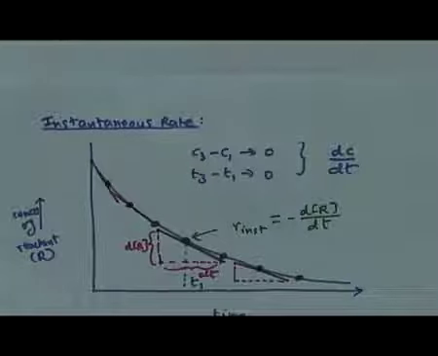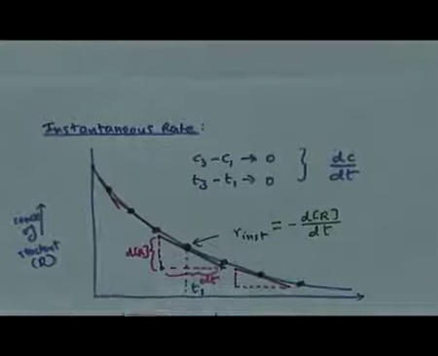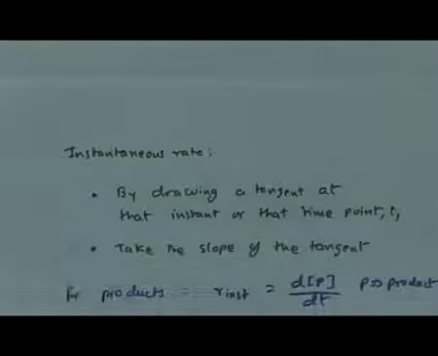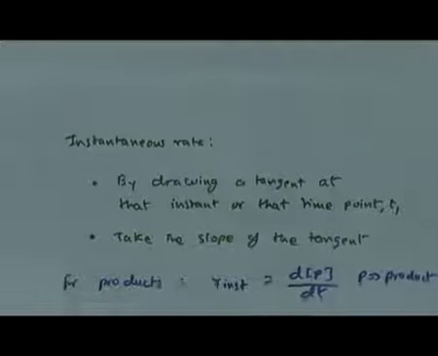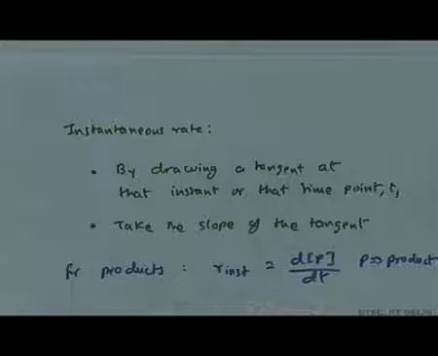The instantaneous rate is a very important feature and is the one mostly used. As I was saying, it is obtained by drawing a tangent at that time point, T1, and taking the slope of the tangent.